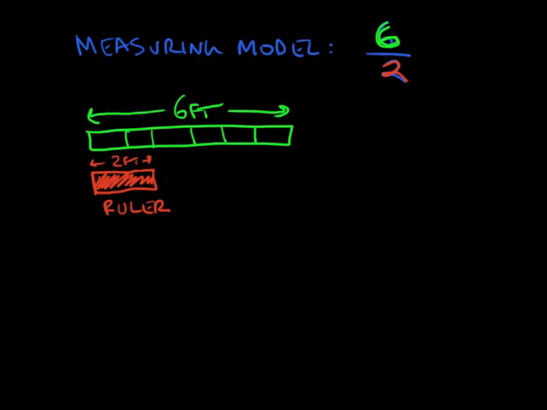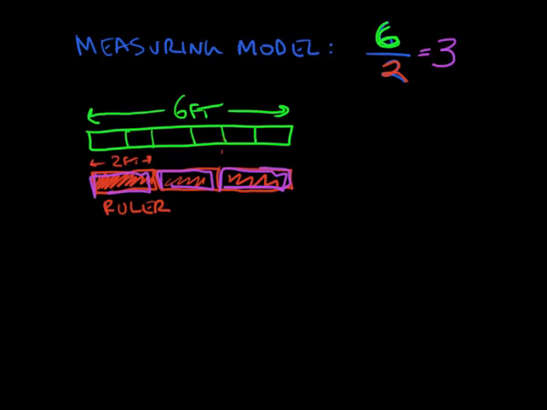Well, there's one of them, there's another of them, this lines up here, and then here's the third one. So in fact, it would take 1, 2, 3 rulers, and that's why 6 divided by 2 equals 3, because there are 1, 2, and 3 rulers.